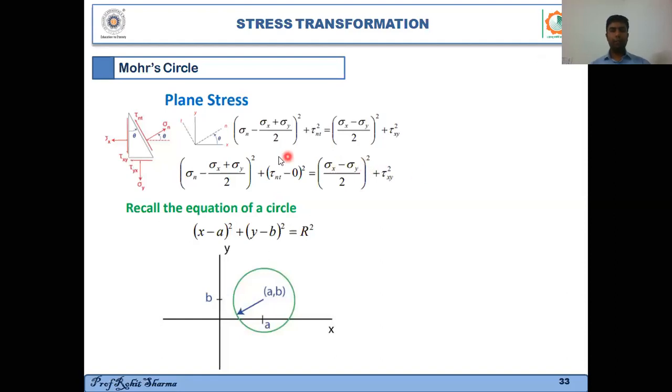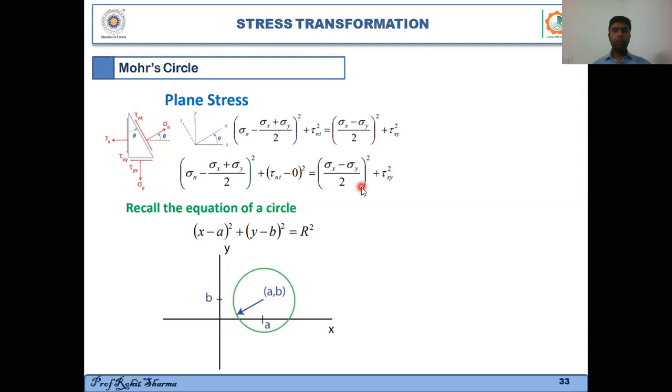One more thing I would like to mention is that if you compare these two equations, this is a, this 0 is b, and the radius is the square root of this thing. And sigma n is nothing but x, so it will be on the x-axis, and tau will be on the y-axis.